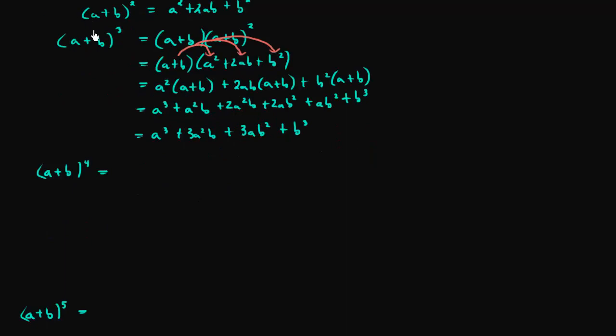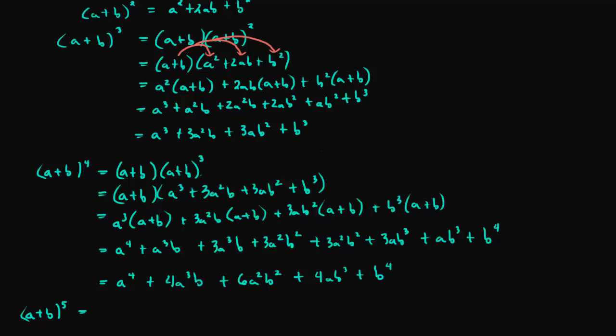So (a + b) to the power of 4, well, here I would just be distributing (a + b) into (a + b) cubed. And so I've already done this for you, but this expands to (a + b) times (a cubed + 3a squared b + 3ab squared + b to the power of 3), which we got from this previous part here.